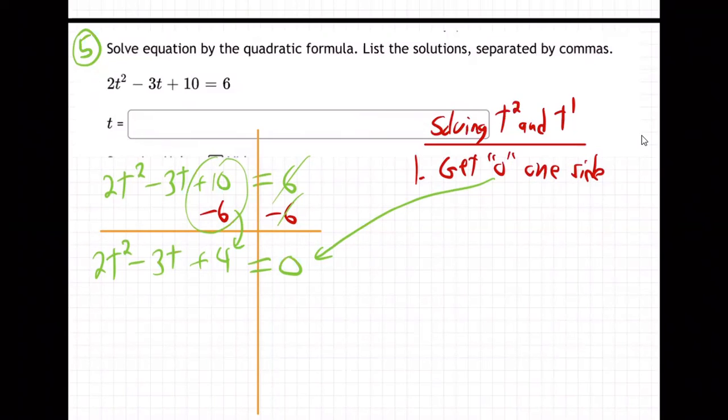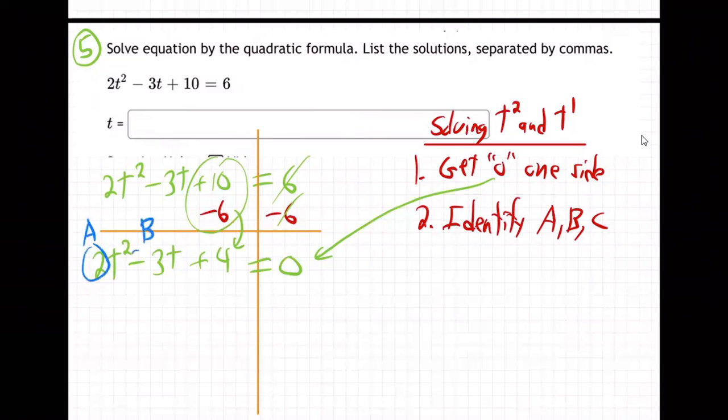All right. So now what are we going to do? So now the second step is to identify A, B, and C. So this is A right here, B right here, C right here.